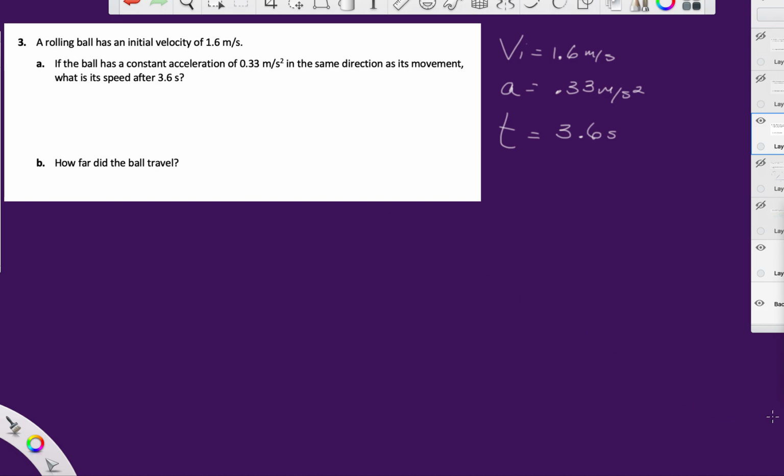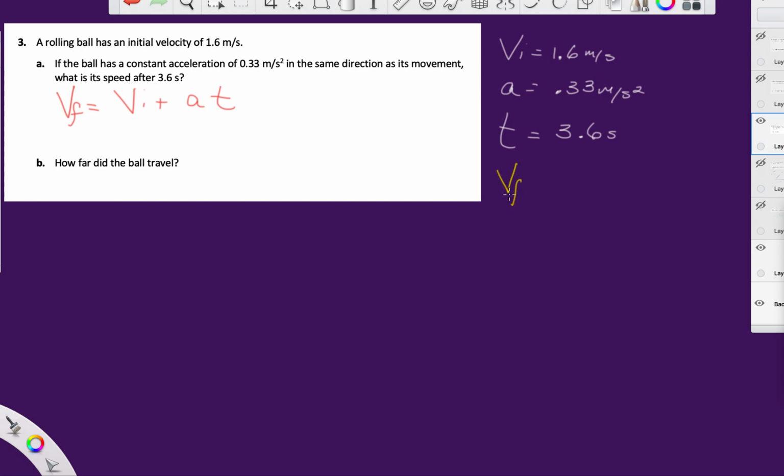Right? So this is super simple. If the ball has constant acceleration in the same direction of movement, what is its speed? So we're going to look for a velocity formula. VF equals VI plus A times T. And we have all of those things. We have VI, we have A, and we have T. So I'm going to go ahead and start working on this. Let's plug in some values.